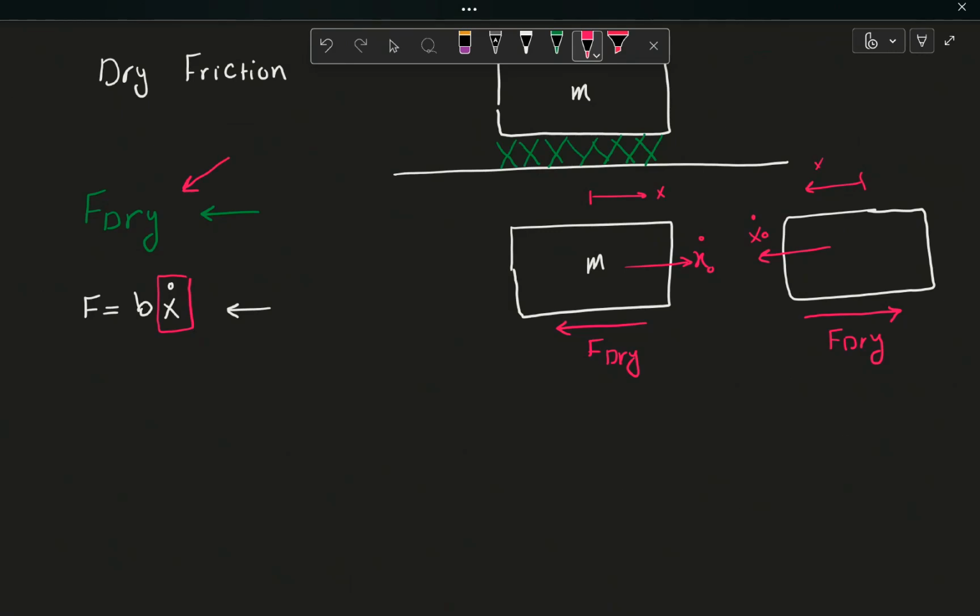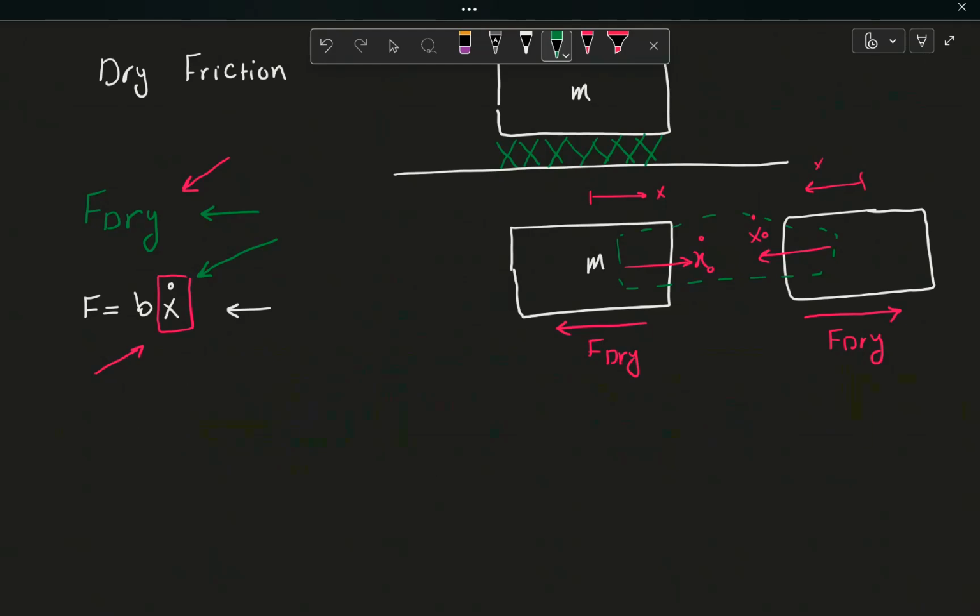If I have a viscous damper and my velocity flips, because I am incorporating the velocity in the model, that velocity will flip the direction of my friction force.